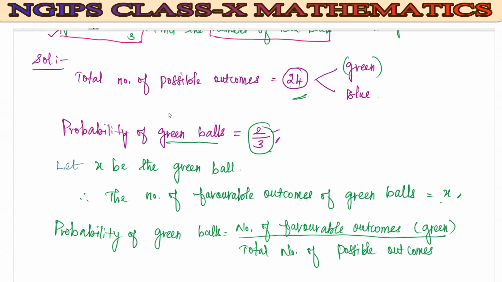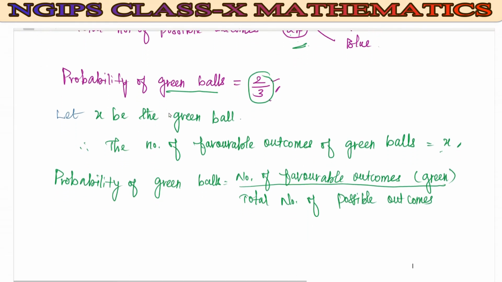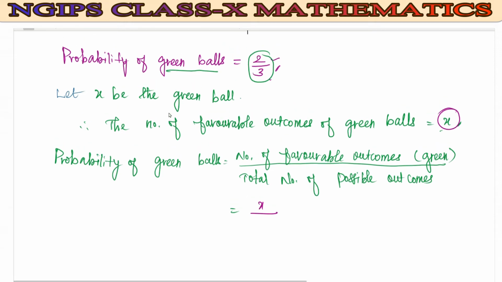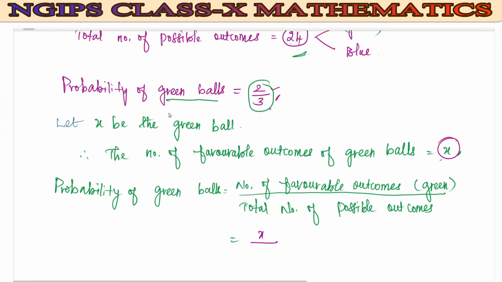So what we will get here? Total number of favorable outcomes, it is green balls, I can take it as x, divided by total number of possible outcomes. Here we have 24 balls, so it is x by 24.